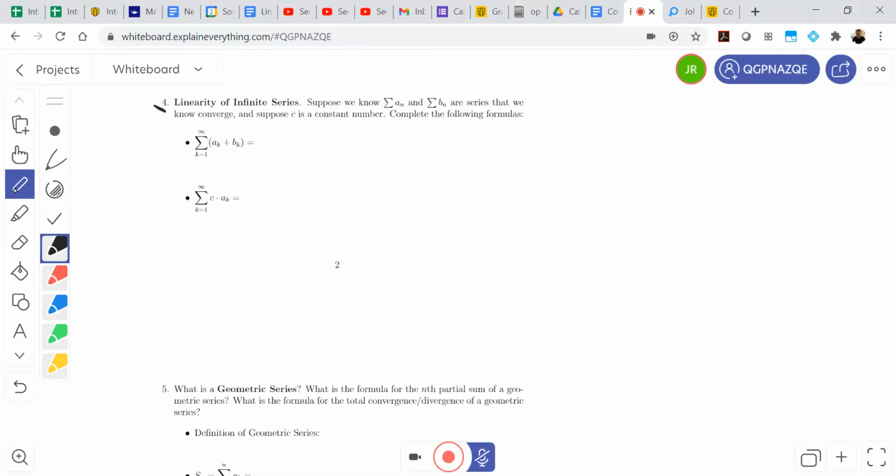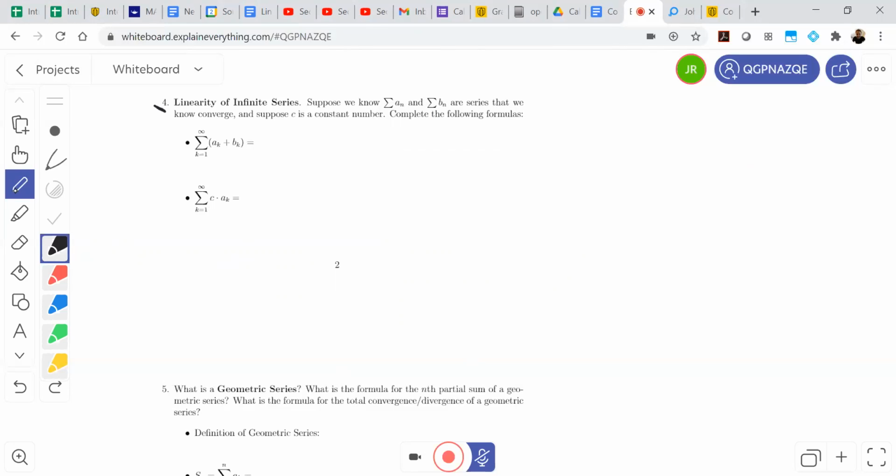It turns out, maybe not surprising, that the linearity of our sequences, which we talked about last week, immediately leads us to be able to conclude that there is a certain linearity of series. Specifically, series can break up across addition and can break up against scalar multiplication. That's multiplication by a constant number, like the C here, in the way that we would expect.